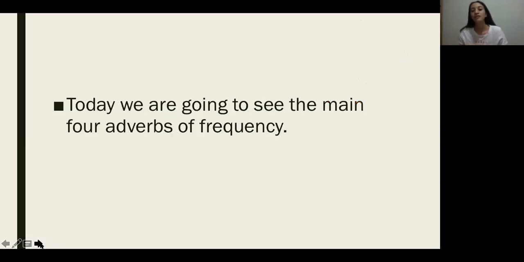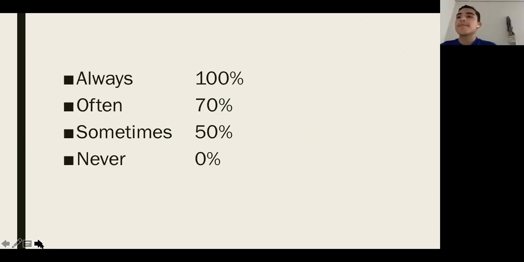We are going to see the main four adverbs of frequency today. Okay, the first one is always, which means that you do that activity, that action 100% of the time, every day, everything, 100% of the time. The next one is often, which means that it's closer to always, but it's not always, 70%.